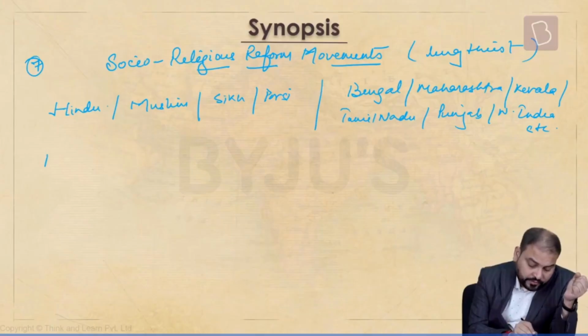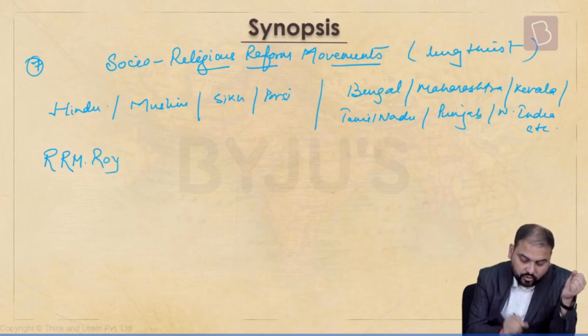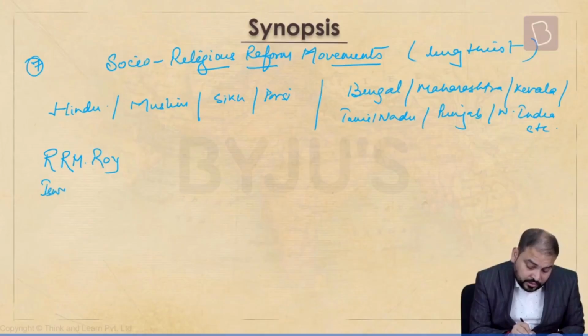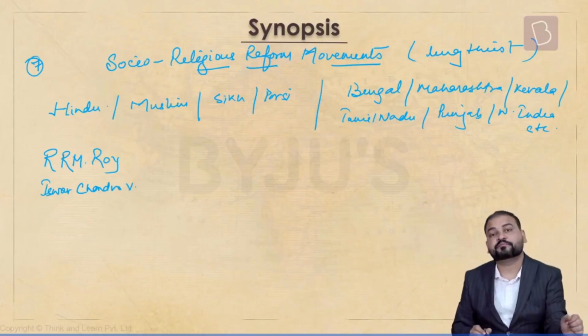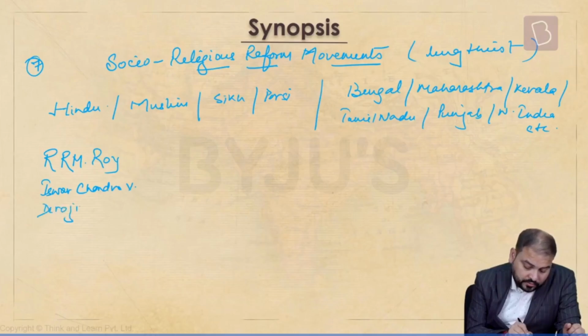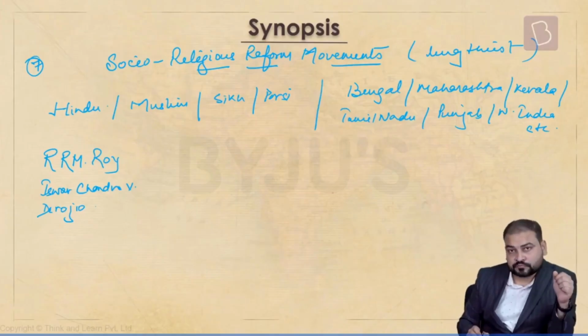So if I name, for example, we shall study about Raja Ram Mohan Roy. We shall see here only Ishwar Chandra Vidyasagar. We'll be studying about the great Henry Vivian Derozio.